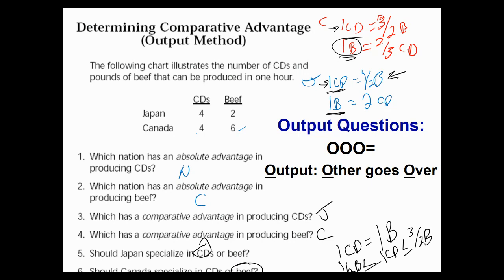Now, if we wanted to do it for one beef, the trade ratio would have to be between two thirds and two. So for one beef, it would have to be between two thirds of a CD and two CDs, somewhere in between that ratio. So you could say one beef for one CD. Okay.